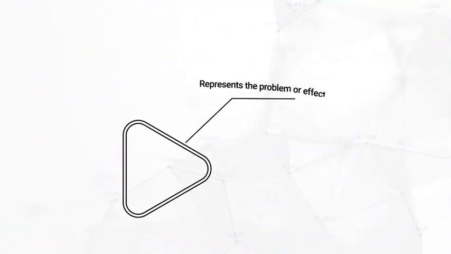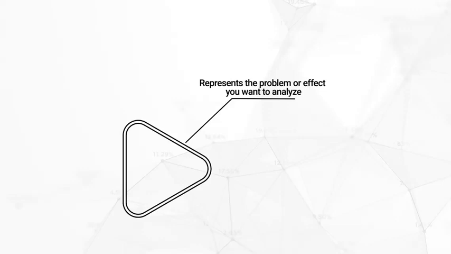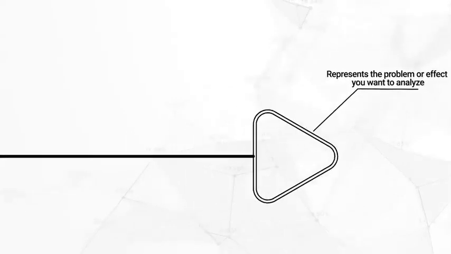It is a visual representation of the possible and actual causes of a problem, to be gathered in one place and worked on as a team to develop solutions to this problem, and this is how it's being done. Starting with the head, as it represents the problem or the effect that you want to analyze. Moving on to the central line, connecting the head to the main categories of the causes.